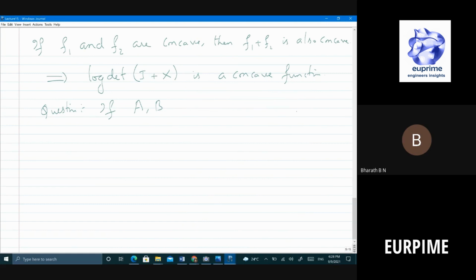Let's say A and B are positive semi-definite. Does that imply AB is positive semi-definite? If so, you should prove it. If not, you should give a counter example. So keep these questions in mind. In the next class, we will discuss and see if it's true.